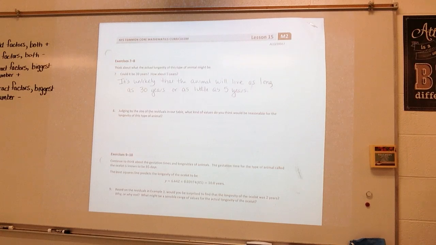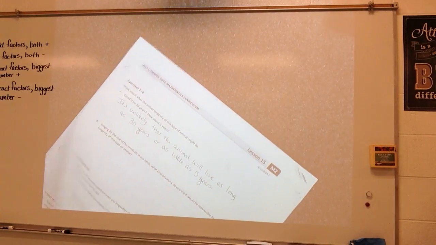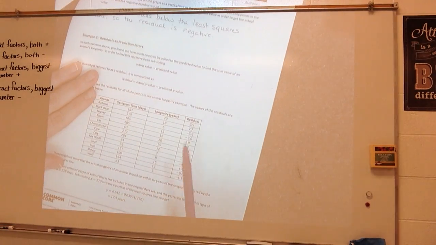Judging by the size of the residual on your table, what kind of values do you think would be reasonable for the longevity of this type of animal? Well, let's go back and look.